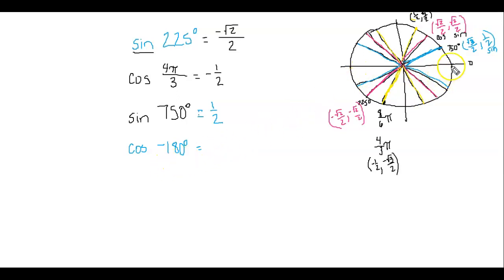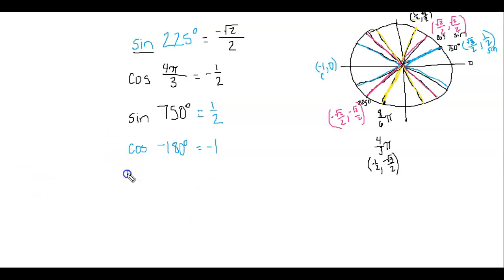So when I look for negative 180 degrees, instead of going this way, I am going to go this way. Now for 180 degrees, that actually doesn't make much of a difference because when I go 180, I get exactly halfway around the circle. And this is the point that is negative 1, 0. So if I want cosine, cosine is always the first one. So that means that this is equal to negative 1.